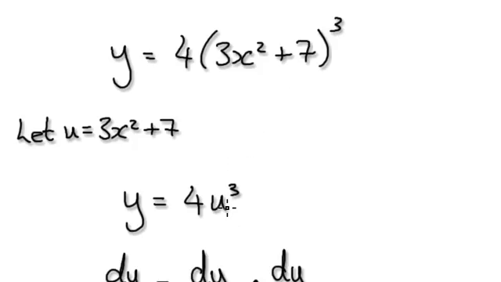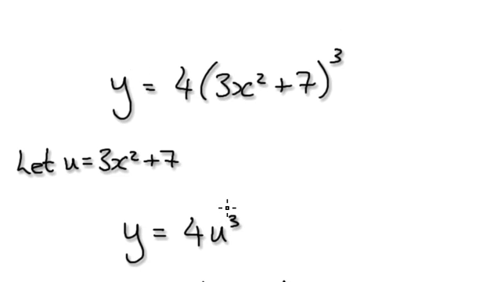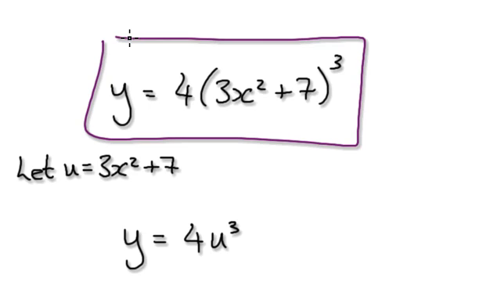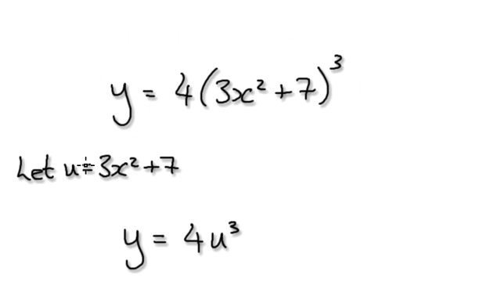Okay, so when you come to read it in books, they often write it like this. So you're given y equals this thing here. When you read books, they often write it like this: let u equal this. So you're just substituting the function here as a u.